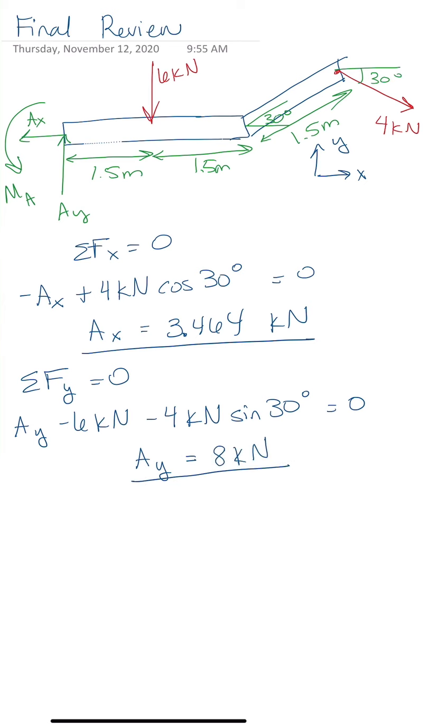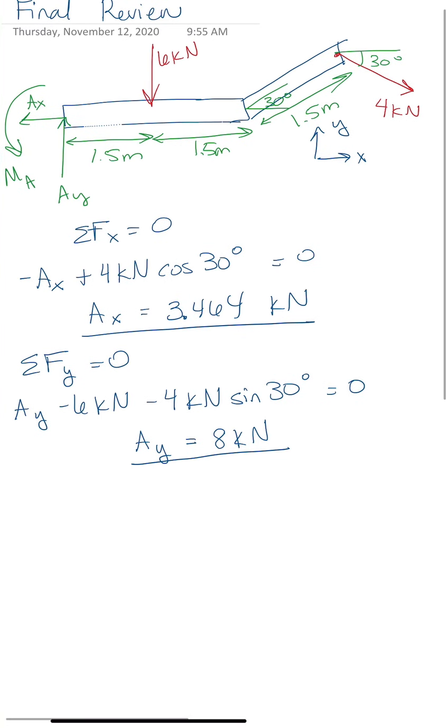And then the last thing we need to find is the moment about A. So the sum of the moments about A equals 0.